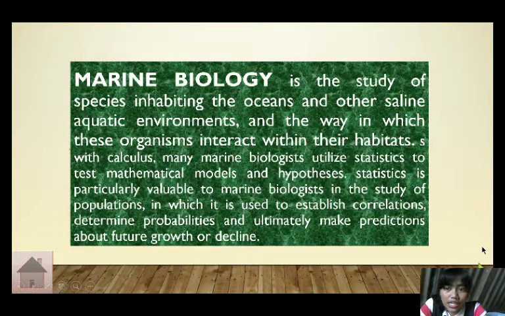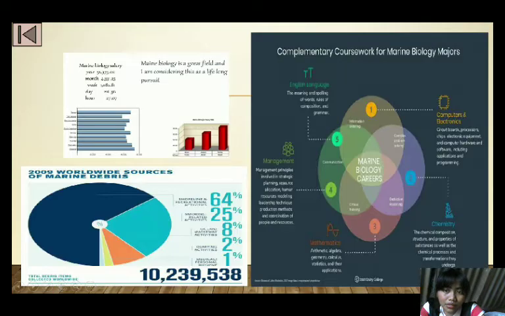In general, there are two types of statistics: calculus-based and non-calculus-based. Overall, calculus-based statistics provide marine biologists with a wider toolkit, and a special branch of statistics known as biostatistics, the application of statistical methods to the biological sciences, is particularly relevant to marine biologists.